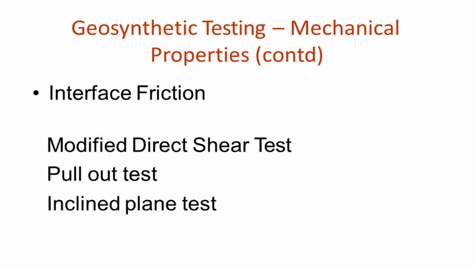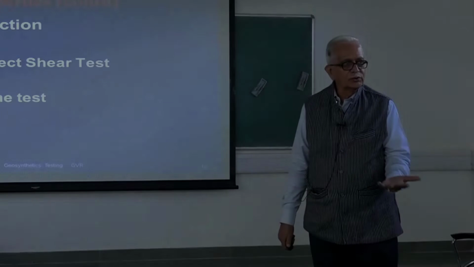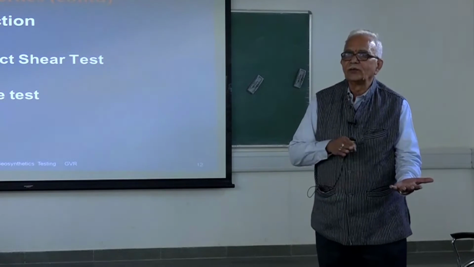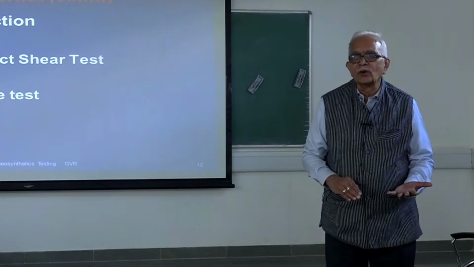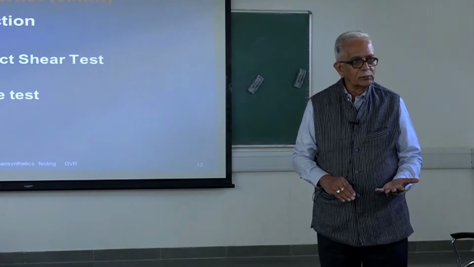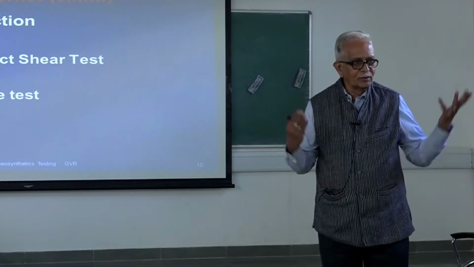From engineering viewpoint, we also require friction. We'll talk more on that later, because through friction only the load is coming on the member as tension. So when you talk of friction, what kind of friction? There is one case wherein you keep the geosynthetic inert and then have the soil moving over that in a box, direct shear box. Some people say, no, it's not effective. In the field, it's not like that.